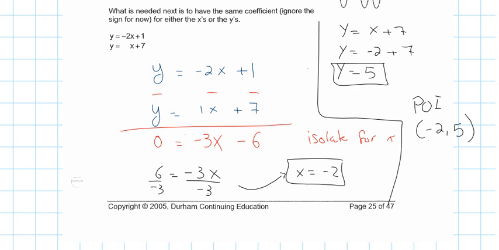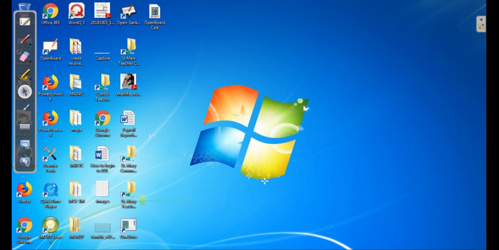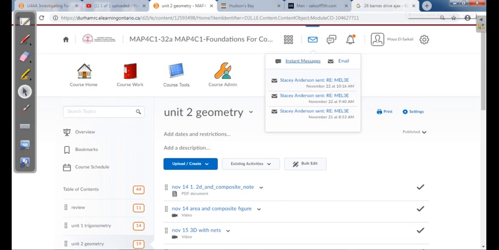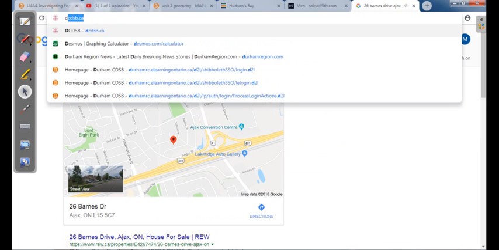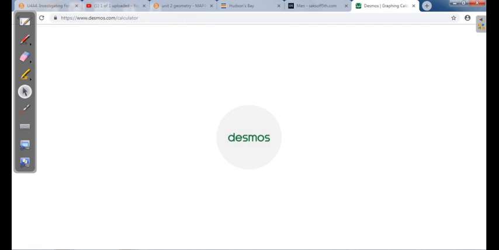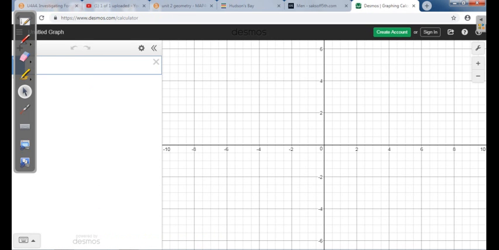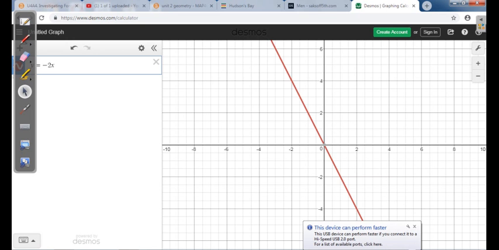So if I actually graph these 2, I'm going to graph it for you on Desmos. The first one was y equals negative 2x plus 1.